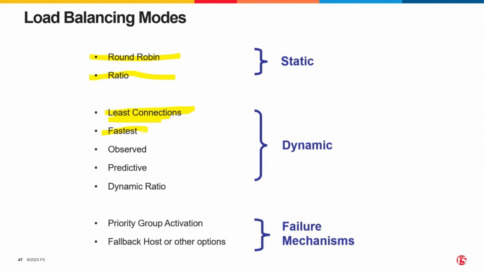Observed and predictive, those are load balancing algorithms that are configuring some dynamic ratios, which we don't see in the configuration, which we don't see actually on the system at all. And this allows us to modify dynamically the ratios between our backend servers. So it means that for, I don't know, a few seconds, I was sending a little bit more traffic to the first pool member.